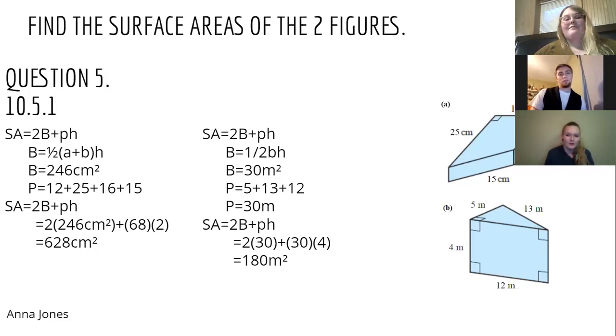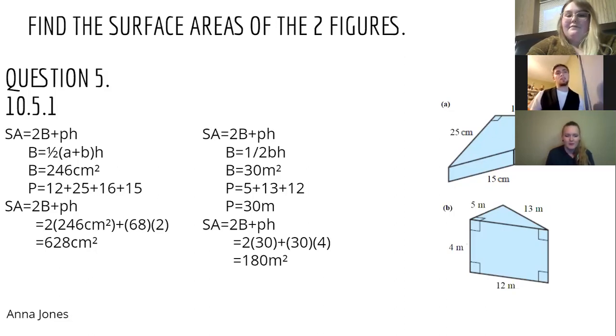And then now we're going to do figure B. So it's the same formula for the surface area, SA equals 2B plus PH. For the base for this one, being that the figure is a little bit different, we find the base a little bit differently. It's going to be 1/2 B times H. So the B in this case is going to be the base length, while the B in the other one was 2 different lengths.